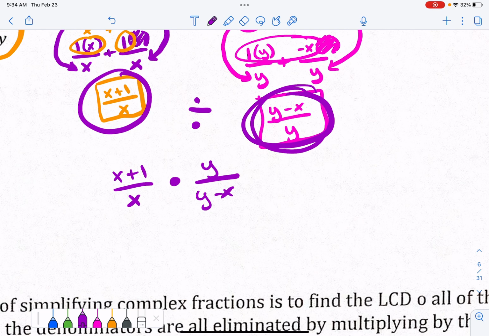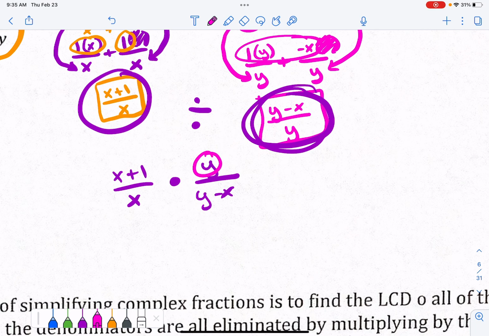And then we cancel things that we can cancel, right? But the problem is, this x can't cancel with this one because they're trapped, right? This x can't cancel with this one. This one's not trapped, but this one is, right? Let's see, the y's. This y can't cancel with this one because this one's not trapped, but this one is.